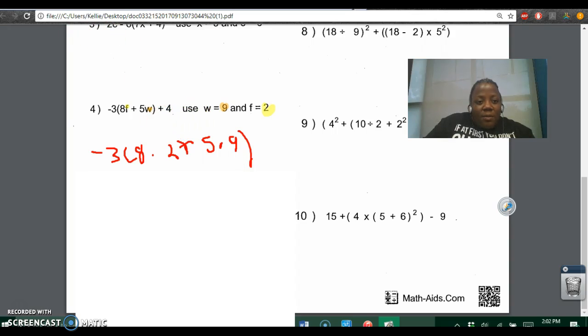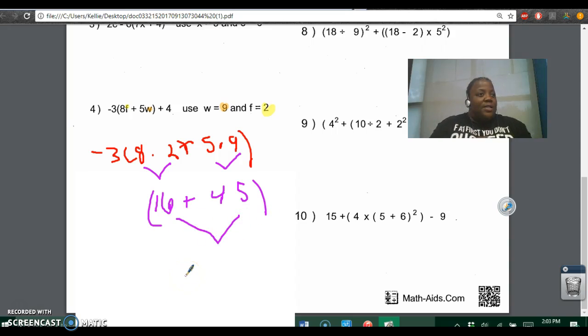Okay, do your multiplication first. 8 times 2, 16. 5 times 9, 45. 45 plus a 16. 61.